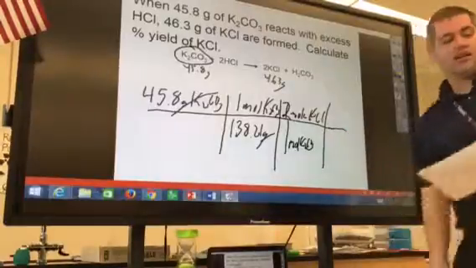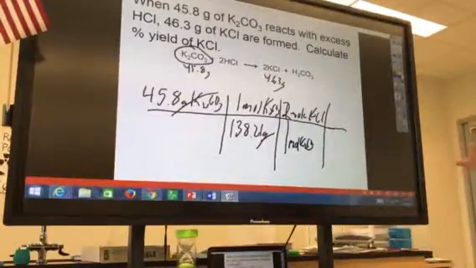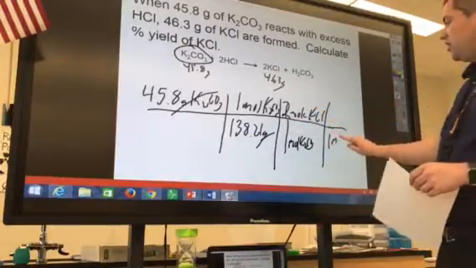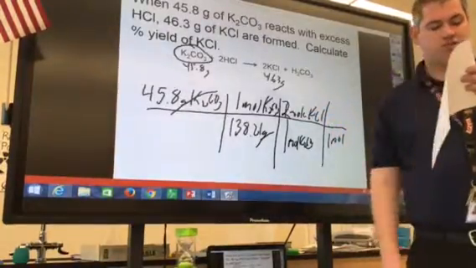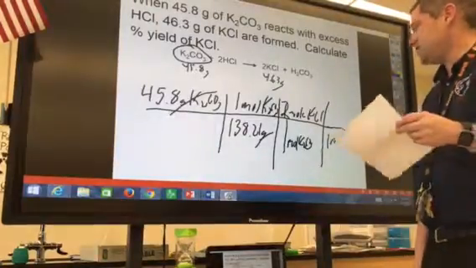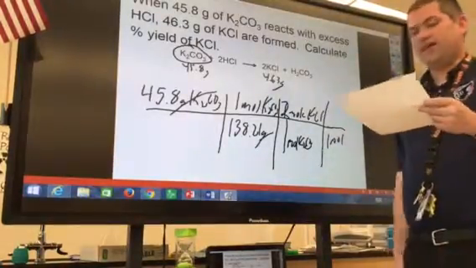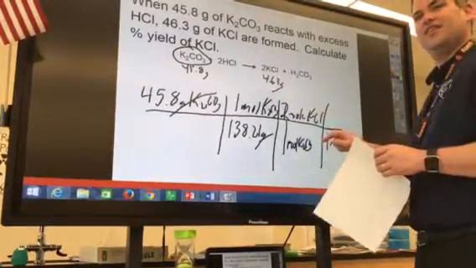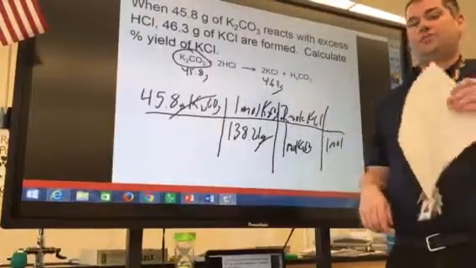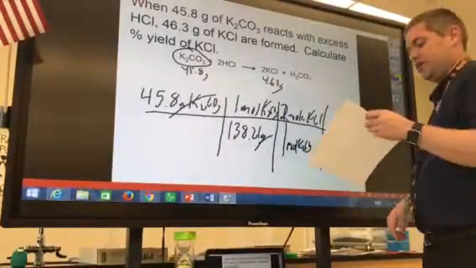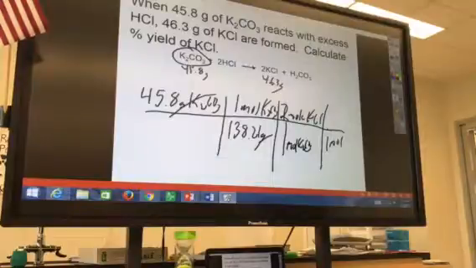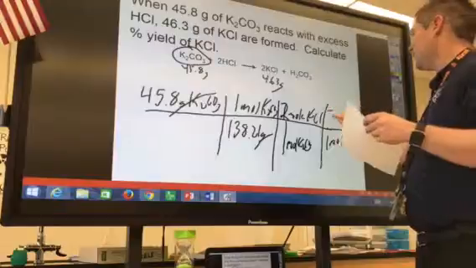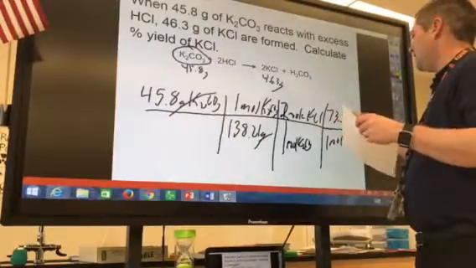Then I change it to grams. How do I do that? I change 1 mole down here. I go K, which is 39.1, plus 35.45 equals 74.55 grams.